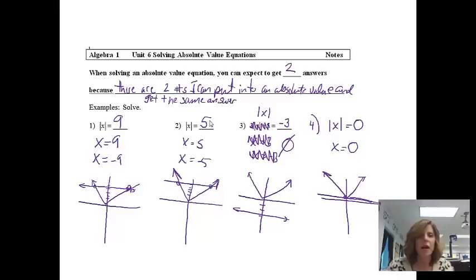I can also look at the graph. Usually the two graphs will touch each other in two places. Some people also explain that this is basically a distance from 0 on a number line, and there are two places where you'd be at that certain distance. So all those ways you can explain why that happens.